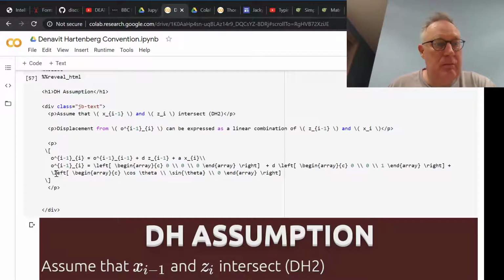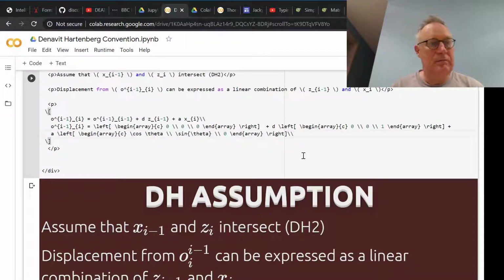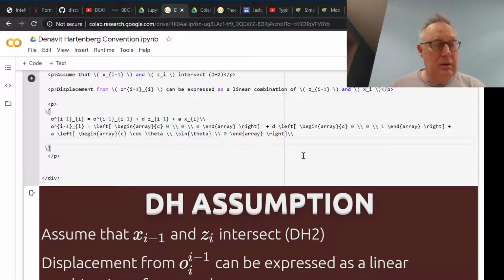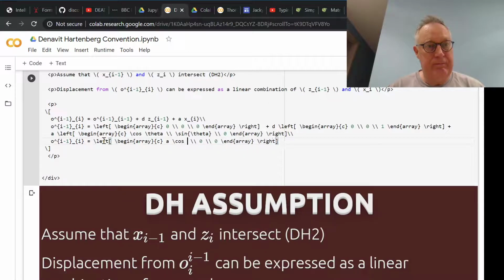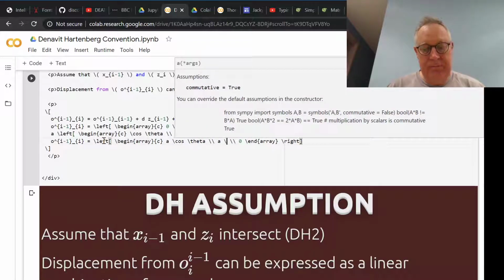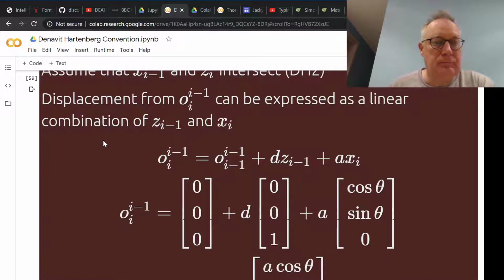And this should be plus a multiplied by that, so that means O i minus 1 to I is equal to a cos theta, a sine theta and d. Right? That's just multiplying out this equation here.